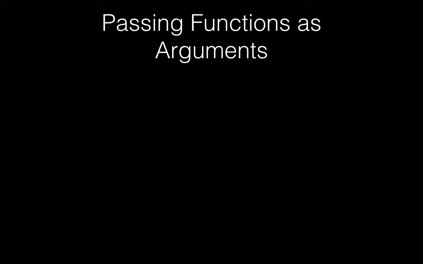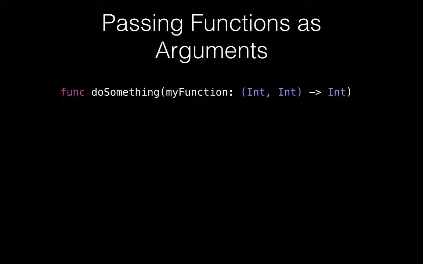All right, so now you're going to see for the very first time, at least in this video, a function that takes a function as an argument. And really, it's not so different from the functions that you've seen before, except that the type of the one argument that the doSomething function here takes is not a single value, so it's not the same as an integer or a string or something like this.